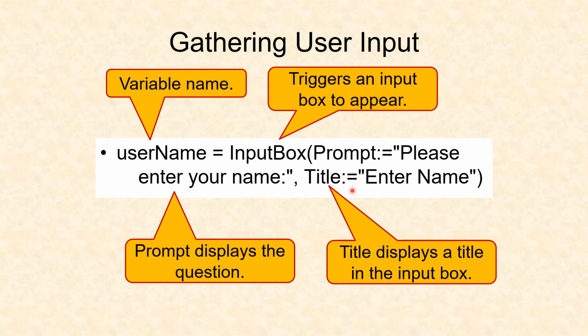So that's what title means. And the prompt will be the question, or the prompt that is shown to the user. And the word input box we have to use because that's what's going to make that whole thing happen. And finally, while you can generate that, where's it going to go? We have to let some variable be equal to whatever the user enters.